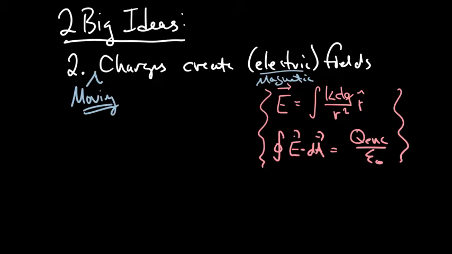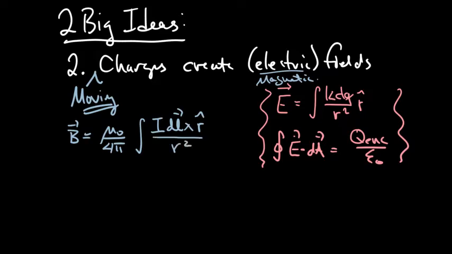And the equations that we have describing that are that the magnetic field is equal to mu naught over 4 pi integral of I dl cross r hat over r squared, and another one that is the integral over a closed loop of B dot dl equals mu naught I enclosed.